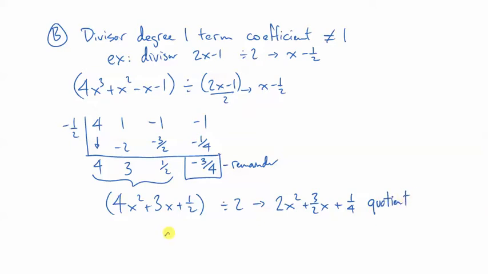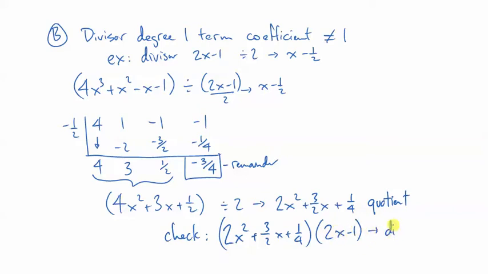My check would be to take the quotient that I just wrote and multiply it by the divisor as presented, 2x minus 1, and see that I get the correct dividend. And I'll leave that for you to do. You can pause it and check that.